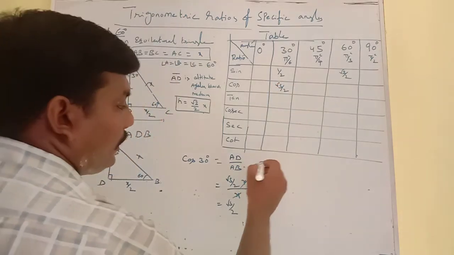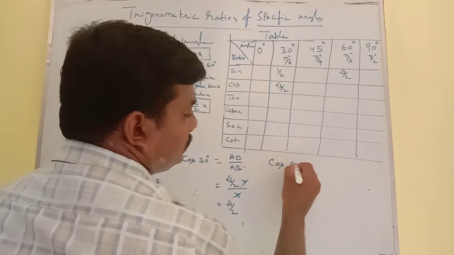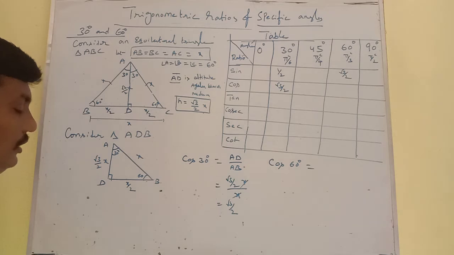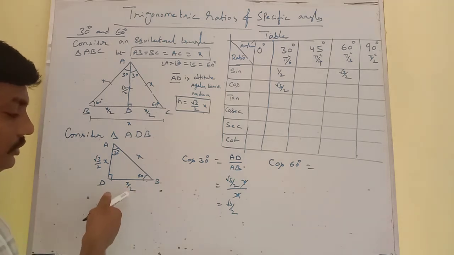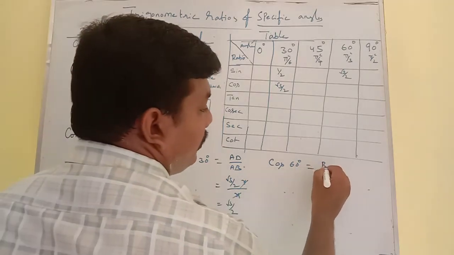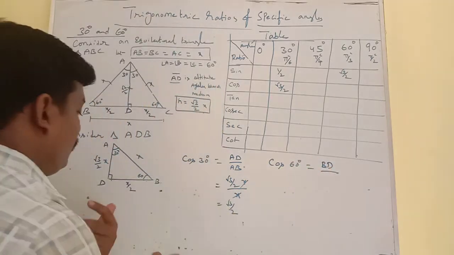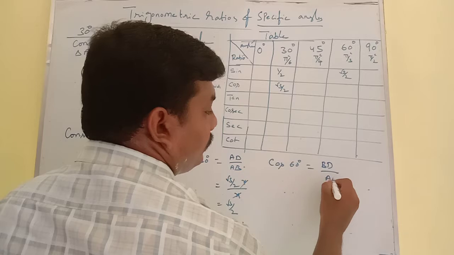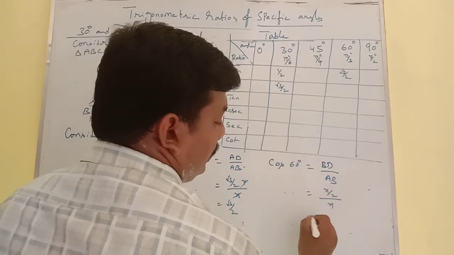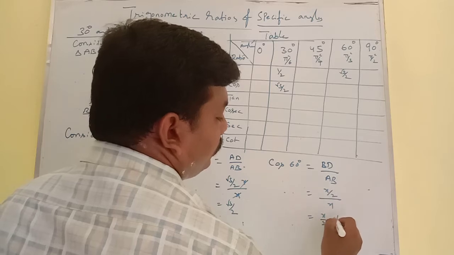Next, take the cos 60 value. Cos 60 is the adjacent side to 60 degrees by hypotenuse. The adjacent side to 60 is BD, and the hypotenuse is AB. So this is x by 2 by x, that is x by 2 into 1 by x.